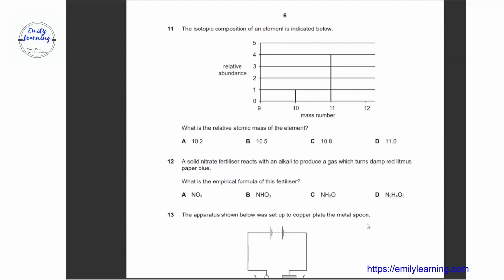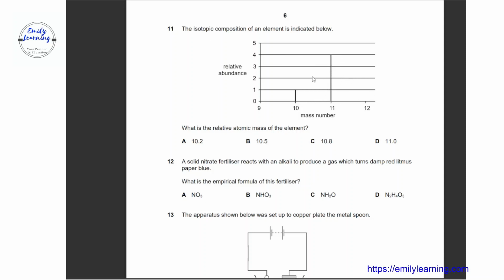Moving on to question 11, the isotopic composition of an element is indicated as below. What is the relative atomic mass of the element? To find the relative atomic mass, we need to find the average. One relative abundance is 1, the other is 4. So let's assume there's one atom with a mass of 10 and 4 of them with a mass number of 11.